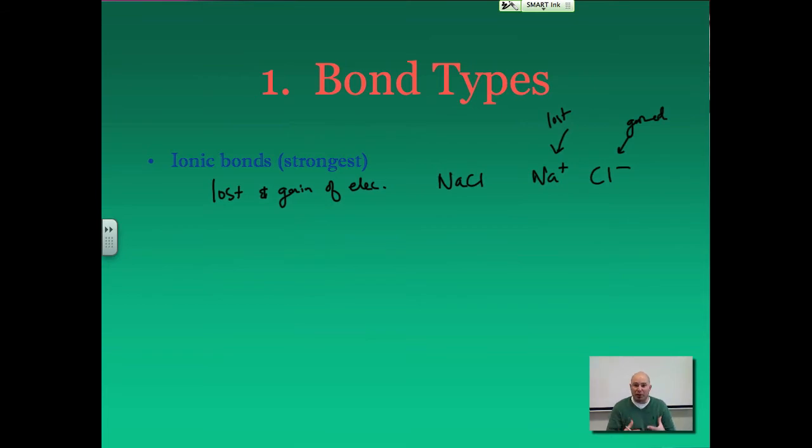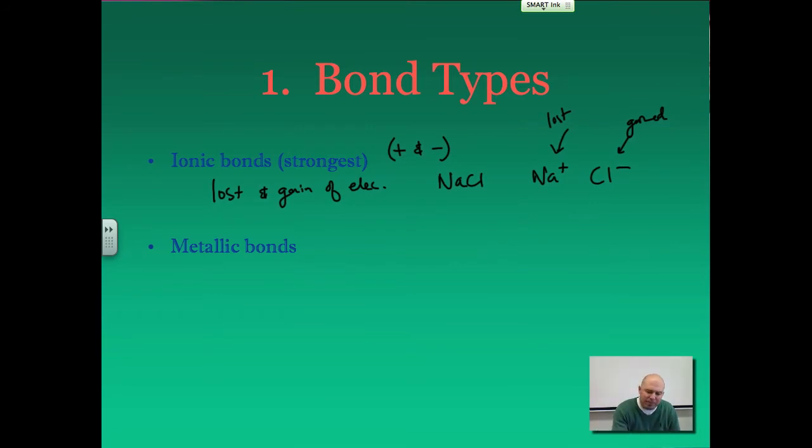So sodium loses one, chlorine gains it, and it's a very strong bond. Loss and gain means a positive and negative. These substances are usually solids at room temperature. Because their bonds are so strong, with these positives and negatives, the molecules are going to be closer together, and therefore most ionically bonded substances are going to be solids at room temperature.